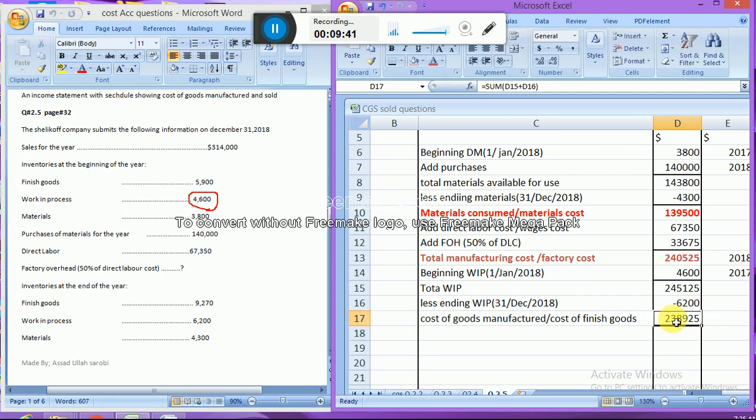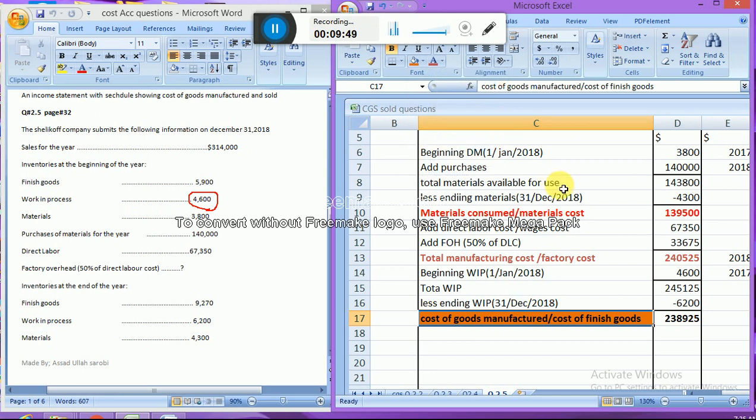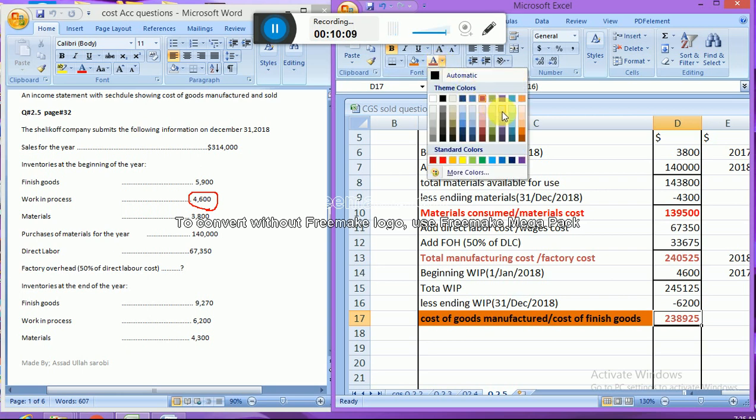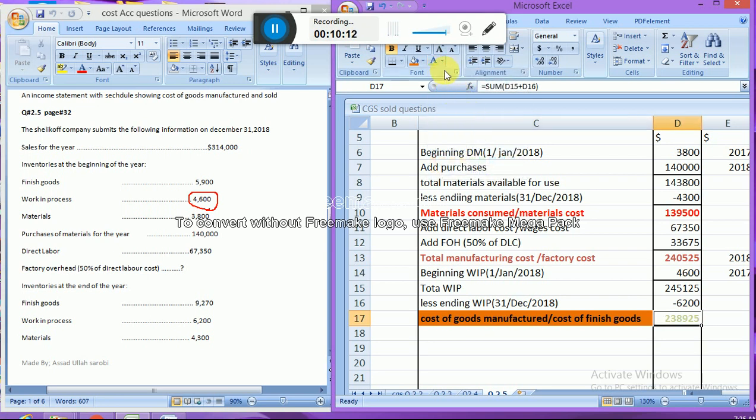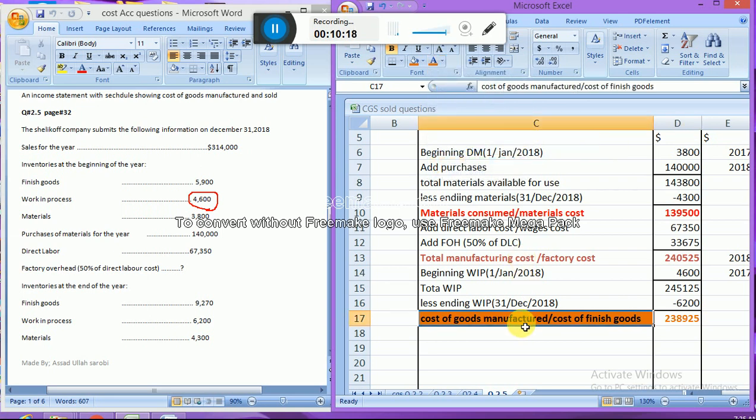So it shows that during the year 2018 we produced how much finished goods? We produced 2,38,925 finished goods.